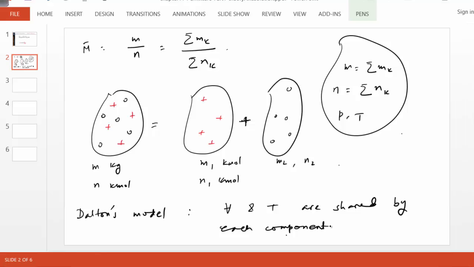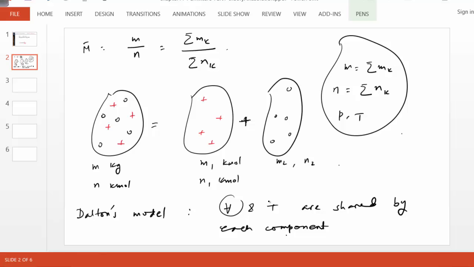Let's understand that first. Obviously, if I have a container and I have a gas mixture, each component has the same volume as the container. So the room you're sitting in right now, the volume of the room is geometrically defined. And so if I say, what is the volume of nitrogen in the room? That's the same as the volume of oxygen. That's kind of obvious. So how about the temperature?